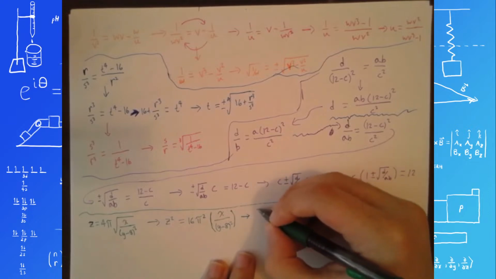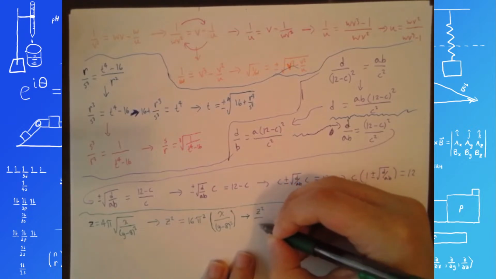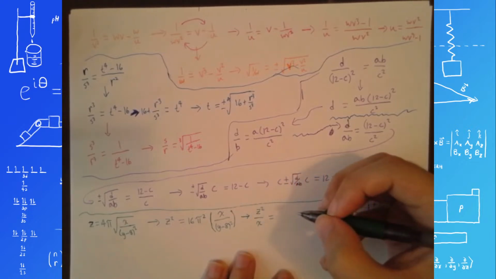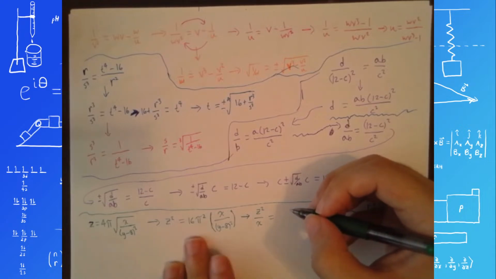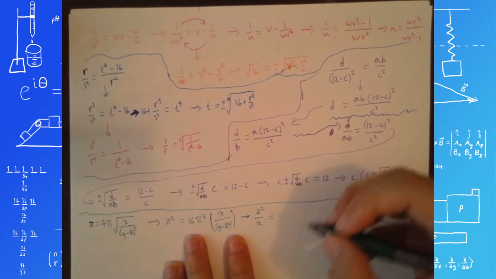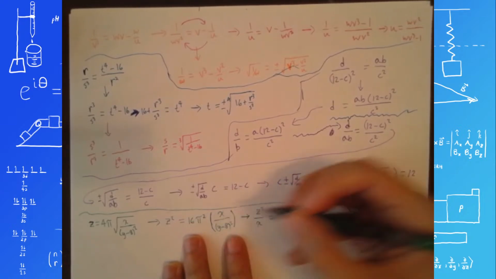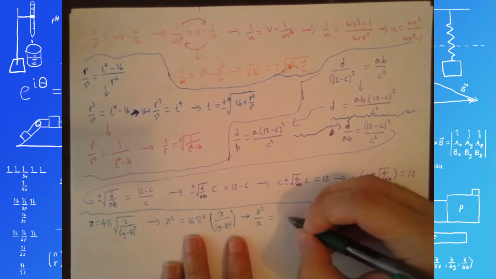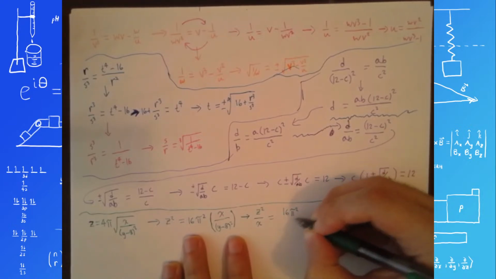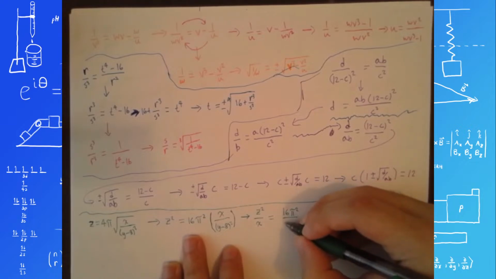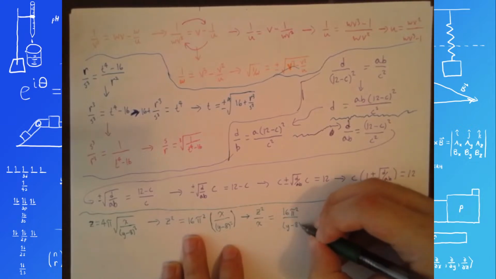So I'm going to do z squared over x equals 16 pi squared times 1 over y minus 8 quantity squared. I'll just move the 16 pi squared into the numerator of y minus 8 squared, so 16 pi squared over the square of y minus 8.